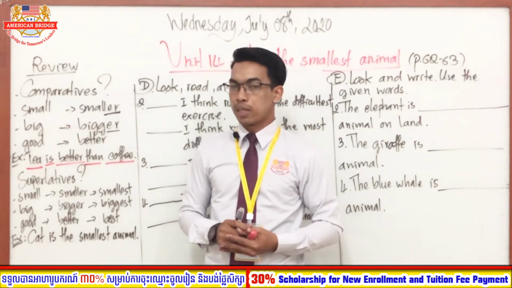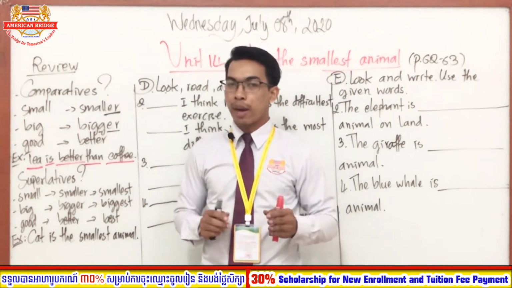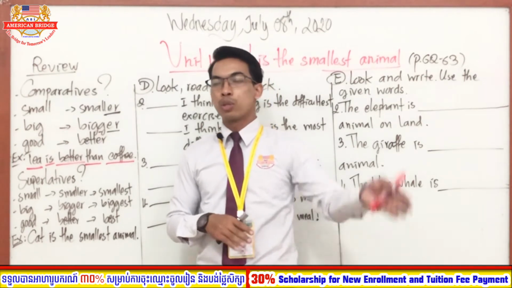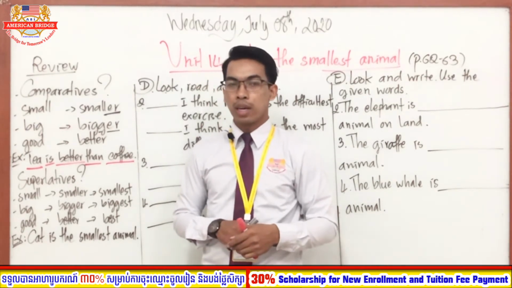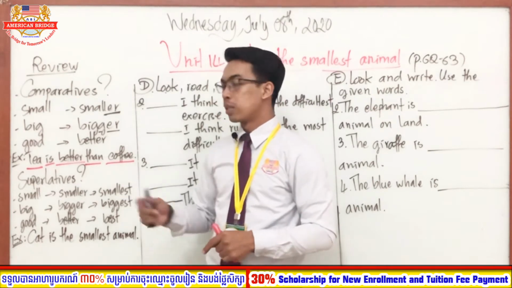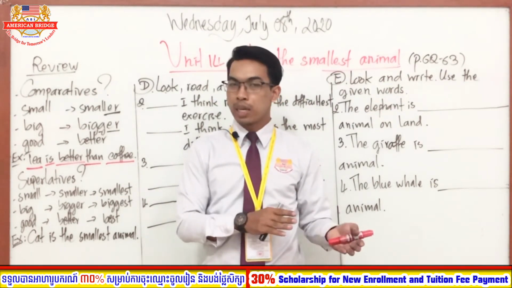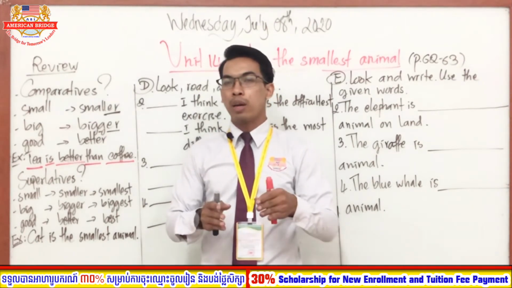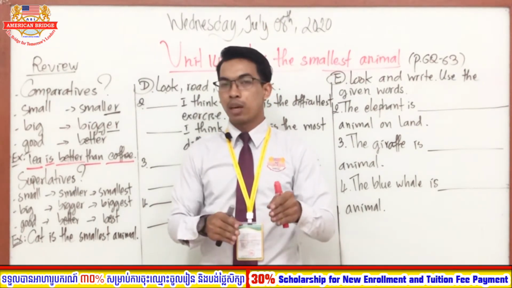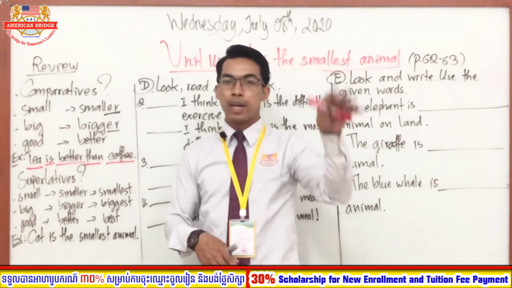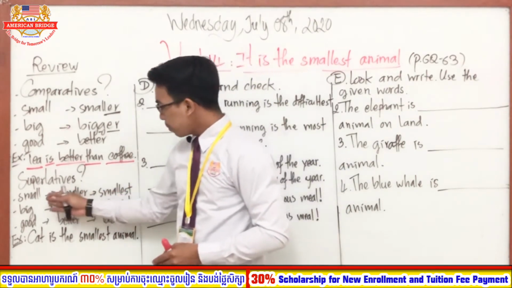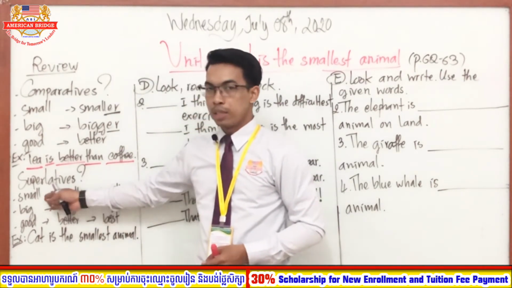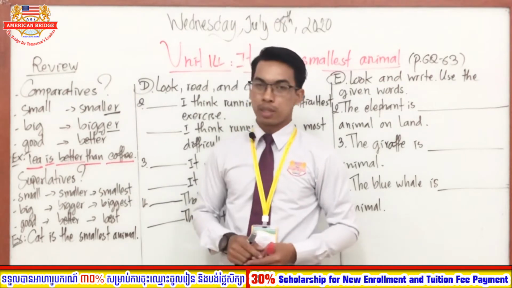Superlative adjectives are used to compare something to a whole group of things, like the highest degree, or the lowest degree, or the cheapest one. So we compare one thing to all other things.